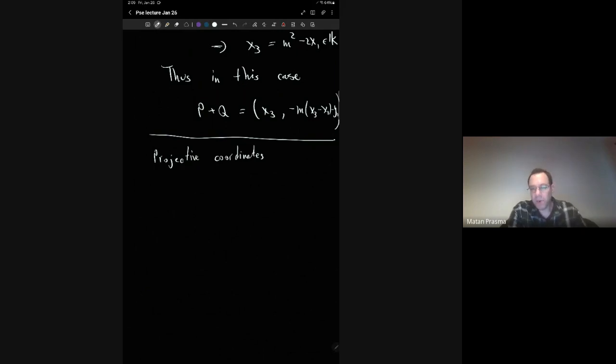We talked a bit about the projective space, just in terms of terminology. What we did in the previous hour is called affine. So the distinction is between affine geometry, or affine coordinates, and projective coordinates.